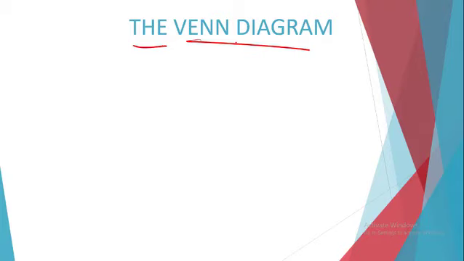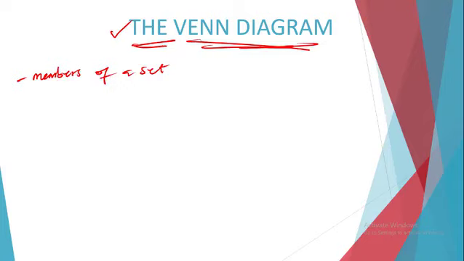Welcome back. We're looking at the Venn diagram today, and we'll start with the definition of the Venn diagram. The Venn diagram is a representation of members of a set in a diagrammatical form.